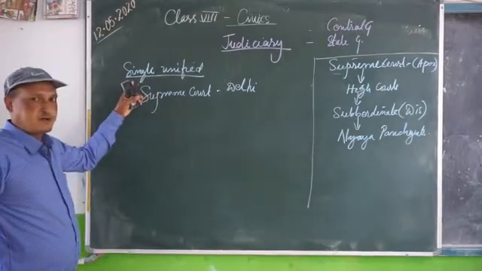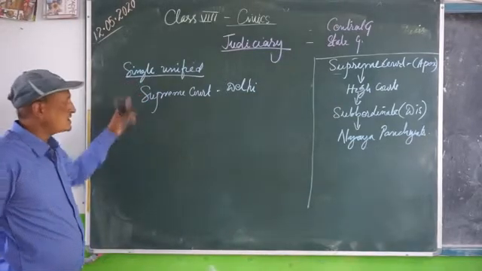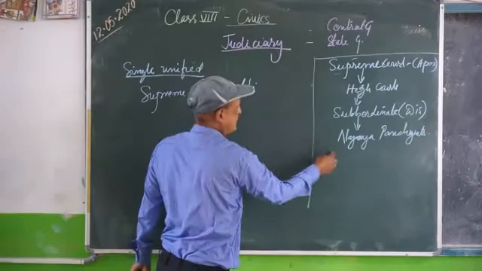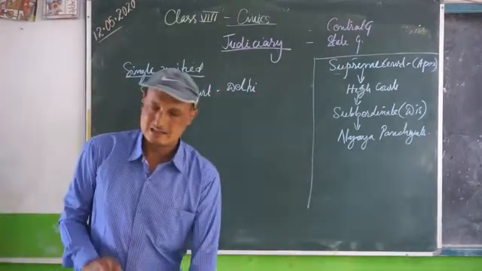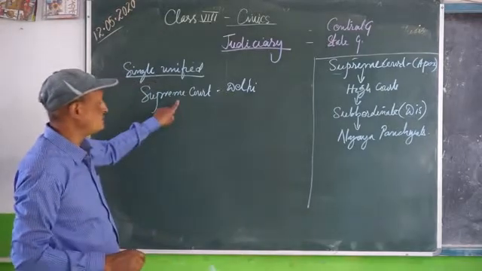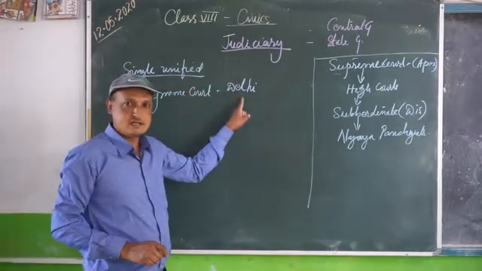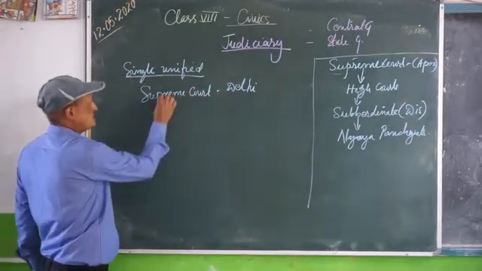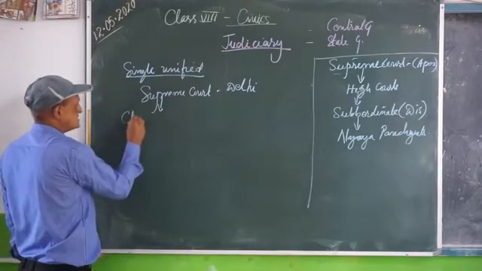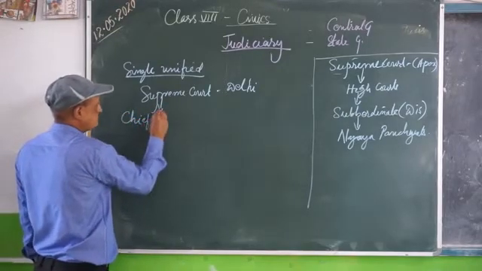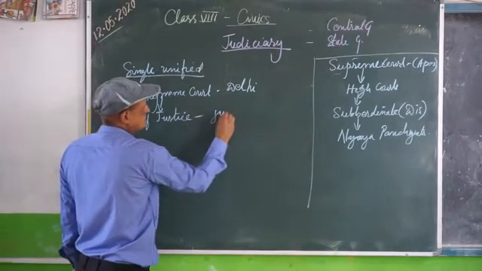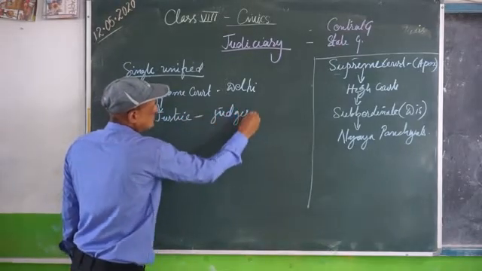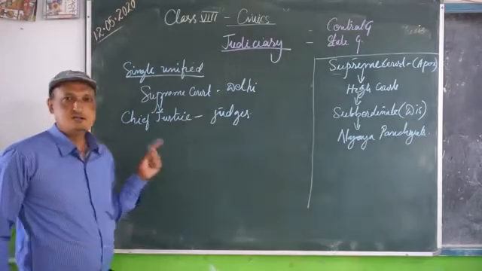We have a single unified system of judicial setup in our country, and this is the structure that we have. The highest court of appeal in India is the Supreme Court, which is in Delhi. The Supreme Court consists of one Chief Justice and other judges.